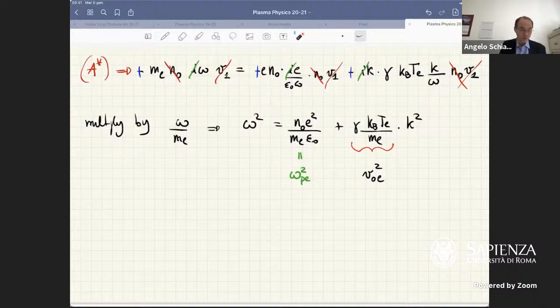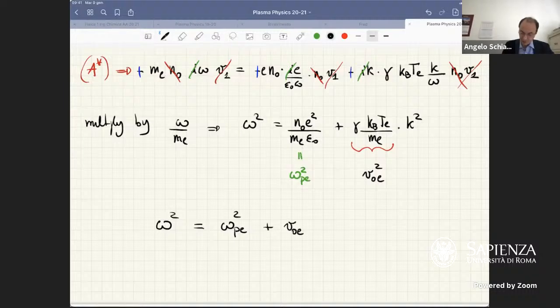So if we combine and rewrite this equation, we can get the dispersion relation for our waves. So we have omega squared equals omega p squared plus V0e squared times k squared.